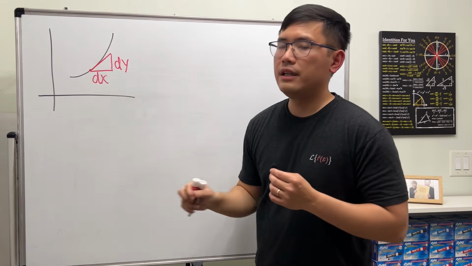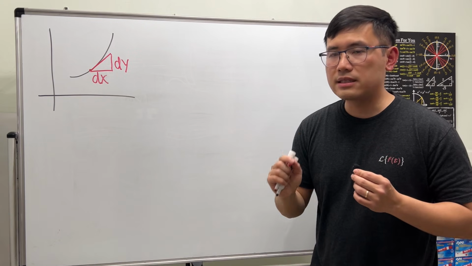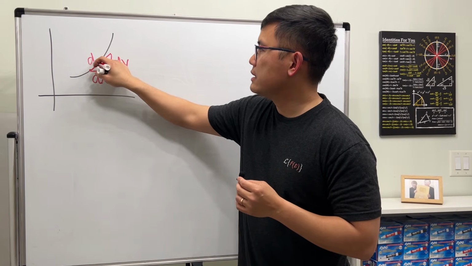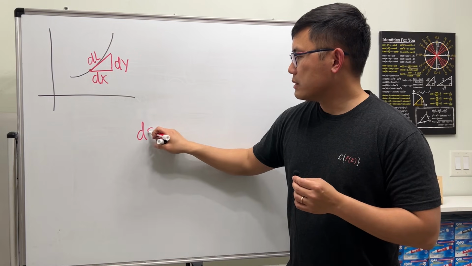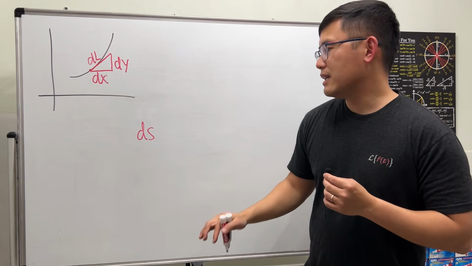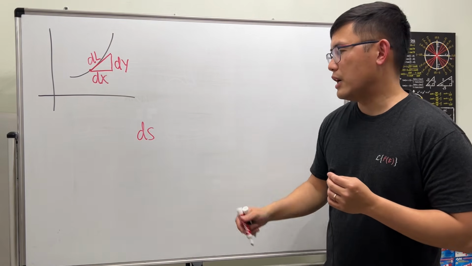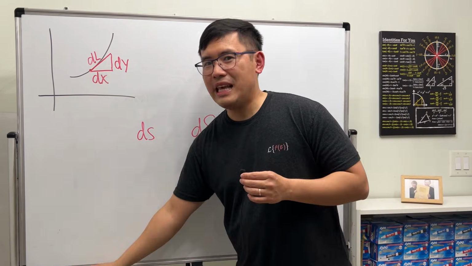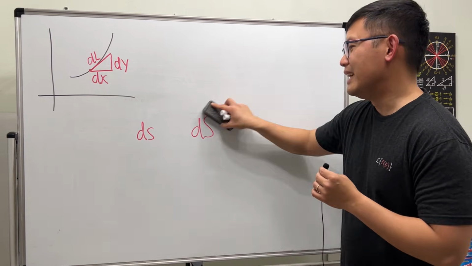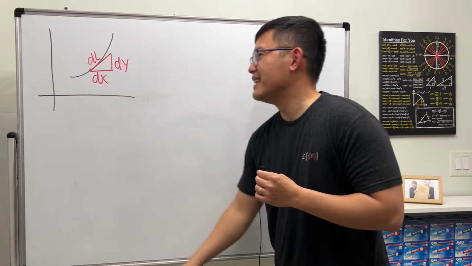Now, this right here is a small change in the arc length. I'm going to write that as dl. Notice, some books might write it as d little s, but later on, when we do the surface area, we also use s. So let me just use dl right here. Once you get to chemistry, then you use d little s.